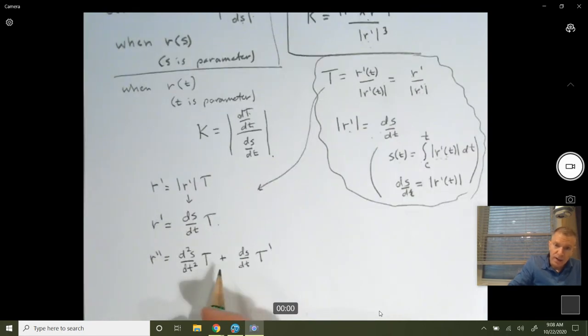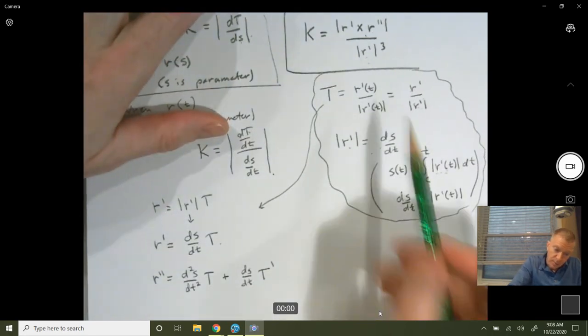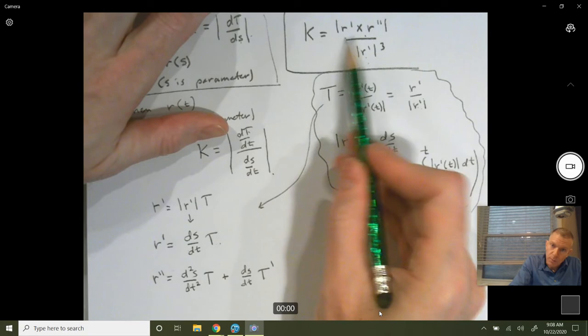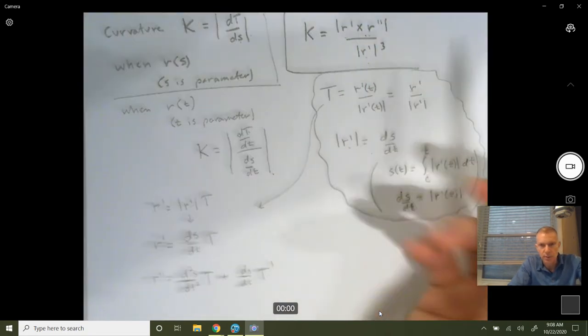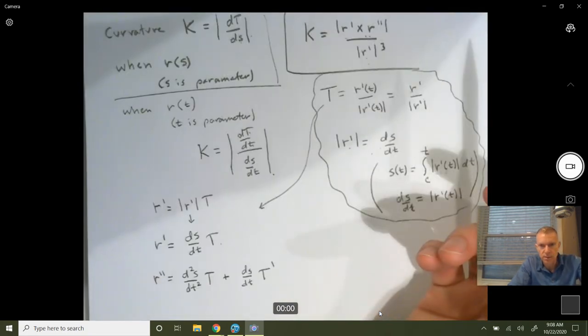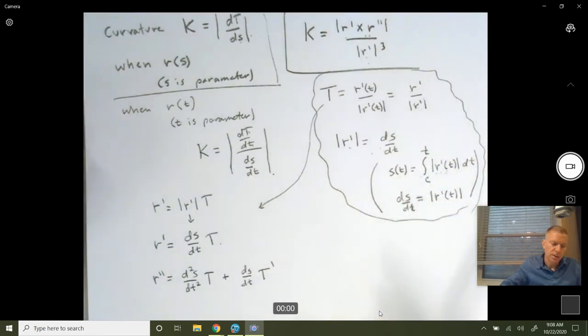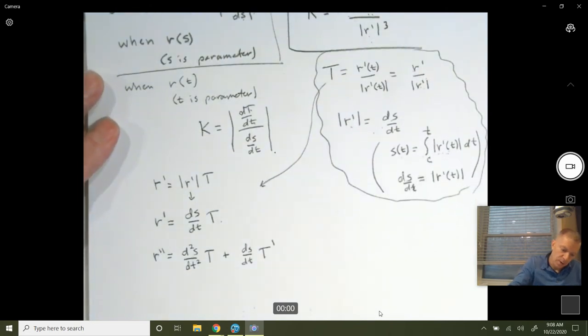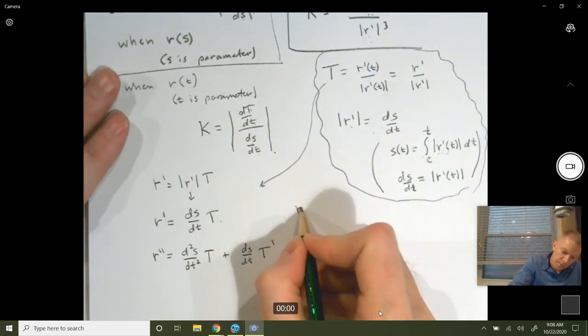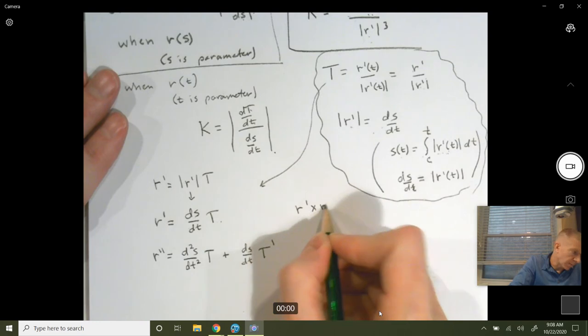Now we need to find, remember, we need r prime cross r double prime. I'm going to zoom out just a little bit, sorry. Okay, not letting me zoom out anymore. But we need r prime cross r double prime.